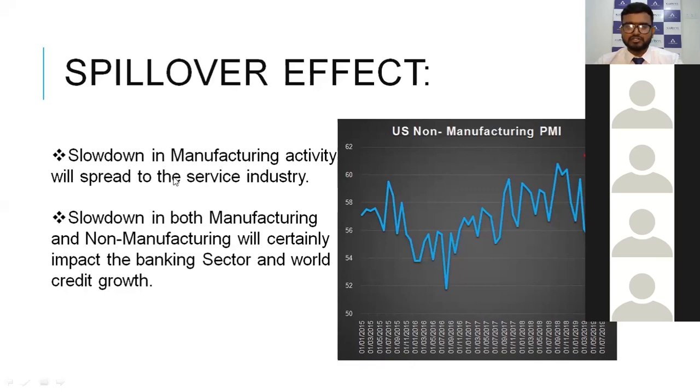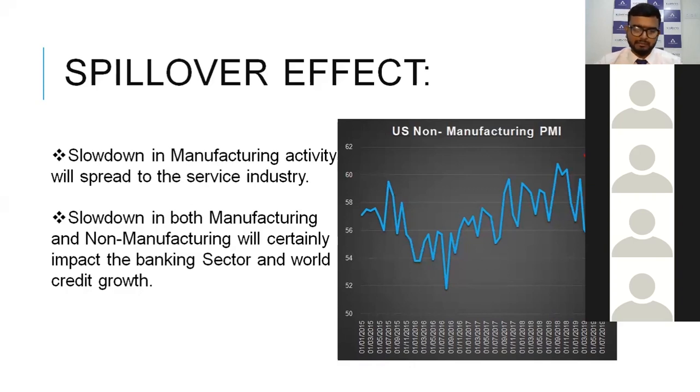A slowdown in both manufacturing and non-manufacturing will certainly impact the banking sector and the credit growth as well. If the manufacturing sector is not doing well, and it has spilled over into the non-manufacturing sector, and that also started to fall, that will definitely impact the banking sector.